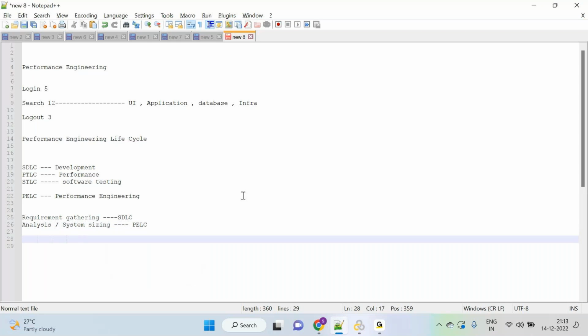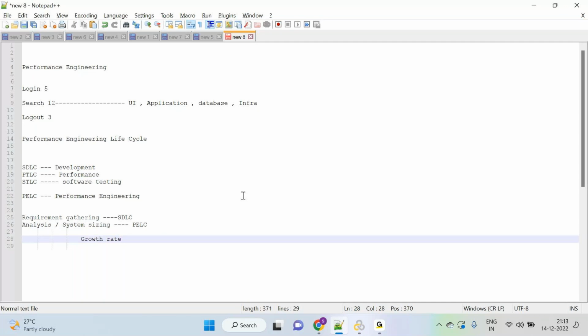They'll think about growth rate. Okay, how much of a growth rate is there over the period of time? This year is so and so, next year is so and so. What is actually the growth rate of the application?